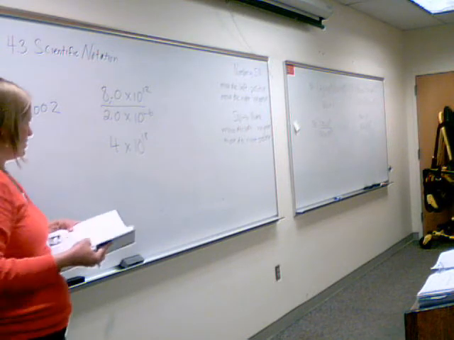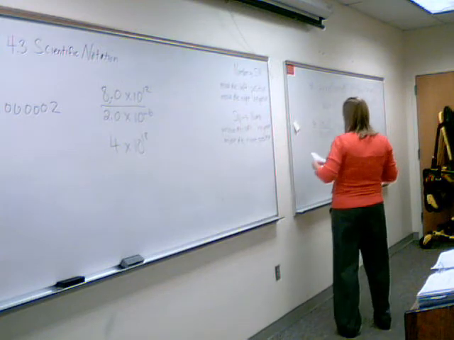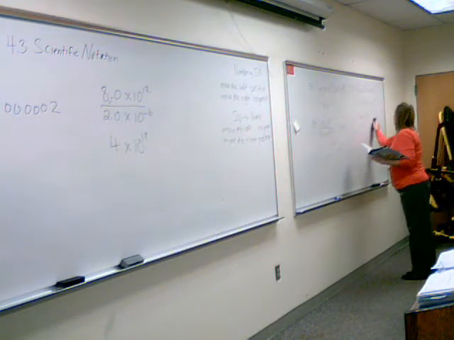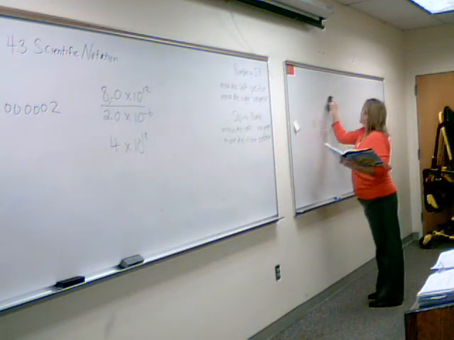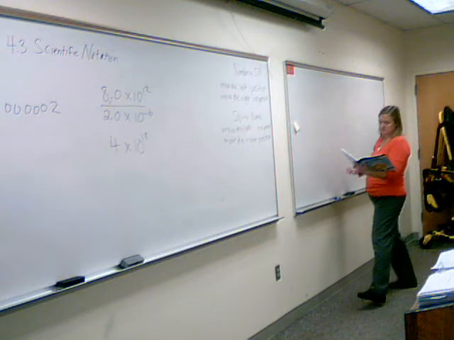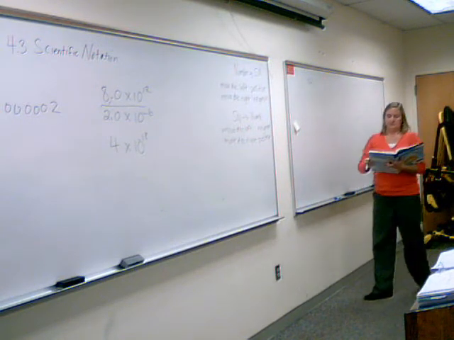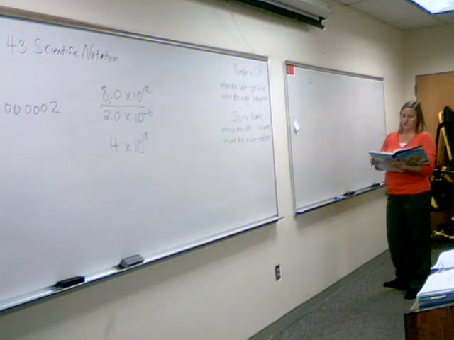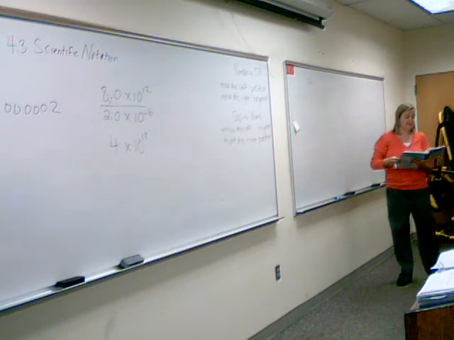Okay, let's try number, I think it was 82. What's the subtraction one? And that's the last I'll do in this section for now. 82. The number of new cases of melanoma has increased from 5.5 times 10 to the 4th in 2003 to about 6.25 times 10 to the 4th in 2008.